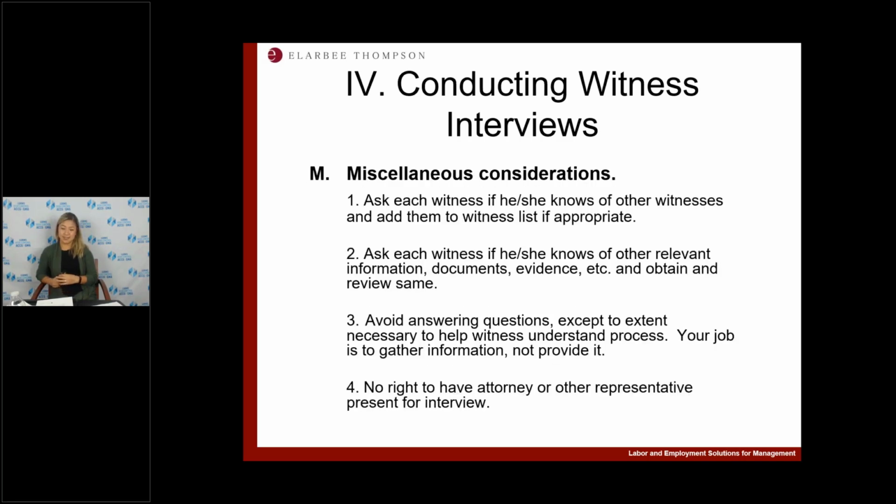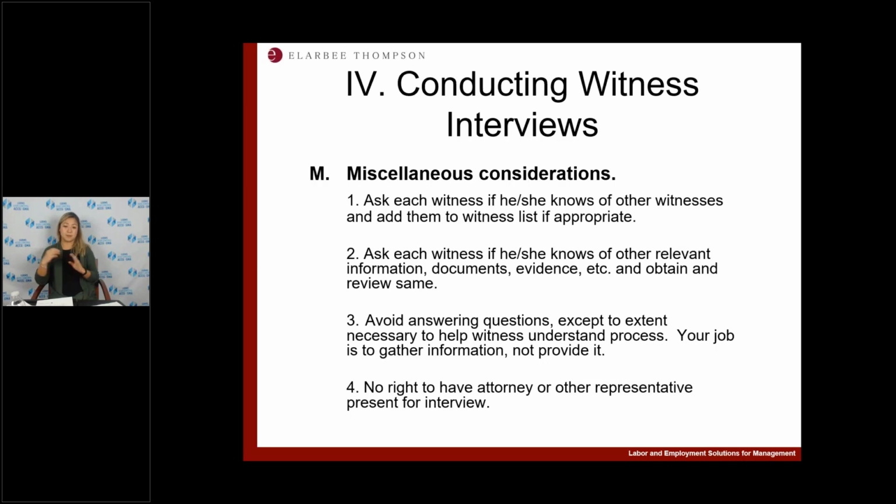All right, miscellaneous considerations. Always ask a witness for other witnesses. Oftentimes, particularly if it happens in a group setting, somebody will remember a couple of people there, but may not remember that somebody else walked up or something like that.